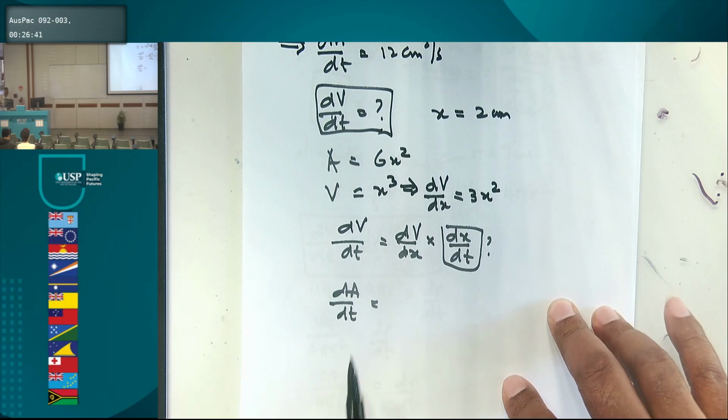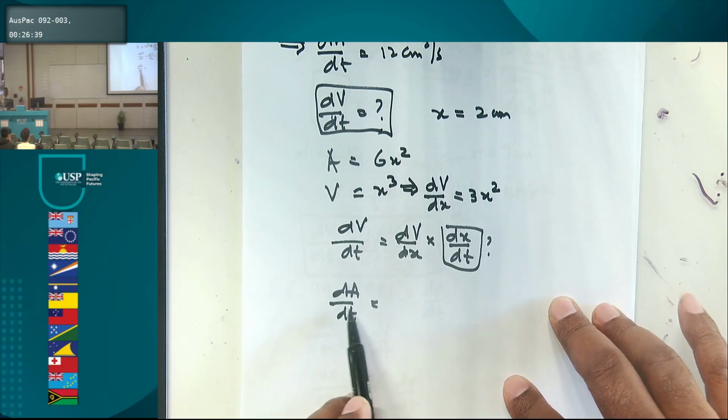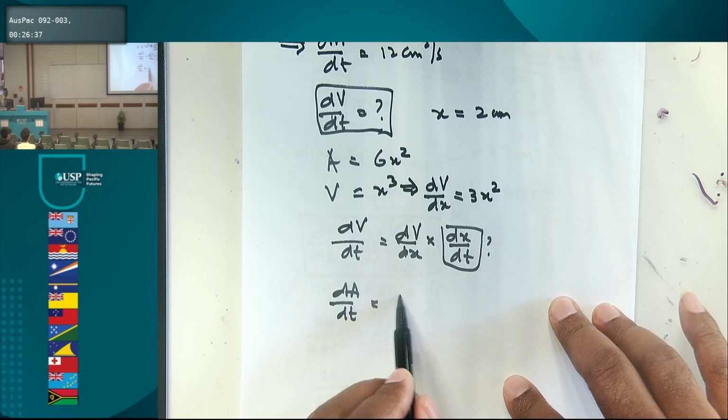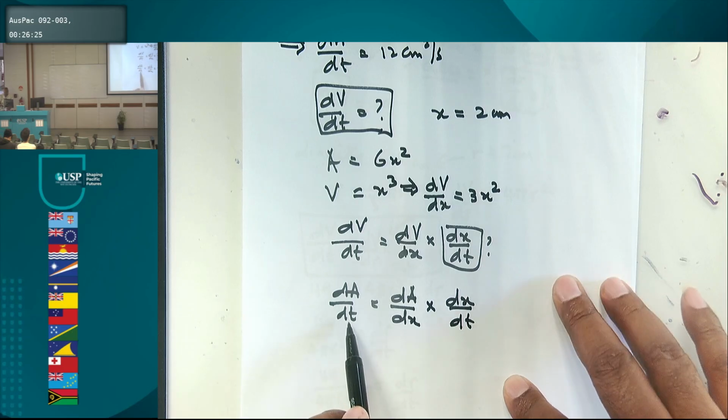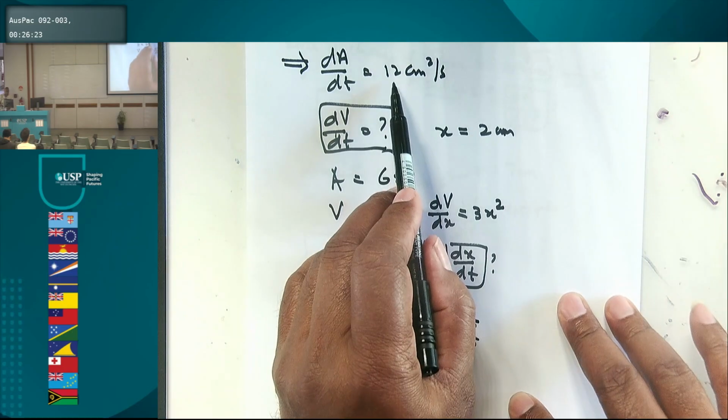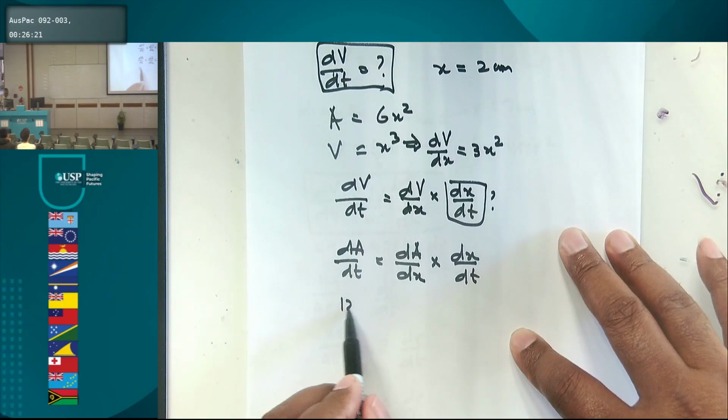What equation do we construct here? dA over dt equals dA over dx times dx over dt. I know dA over dt. What is it equal to? 12.